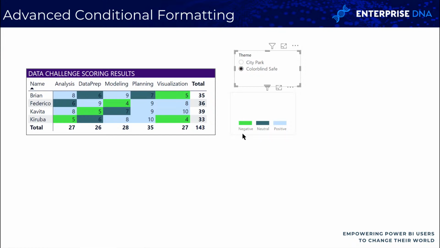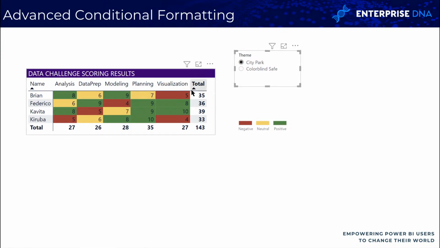So particularly for the colorblind theme, you can tell what is negative, neutral, and positive. And the thing we can see here is that this looks like it works pretty well, with the exception of the fact that for this neutral color, it's really hard to read the numbers. And similarly on City Park, probably the red and maybe the green is a little too dark as well for the black.